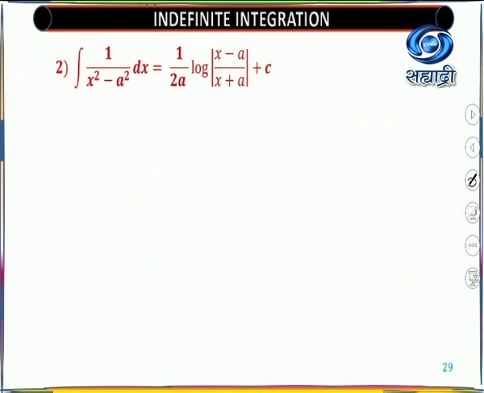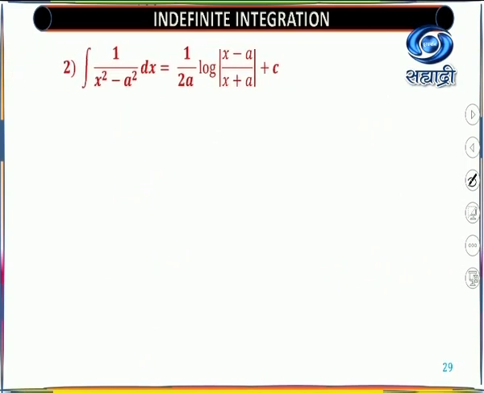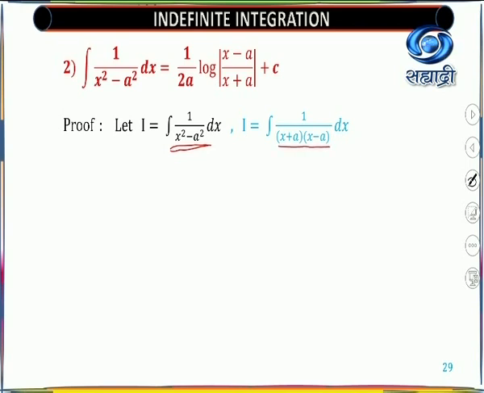Okay, now your second formula. The second formula says integral 1 upon x square minus a square dx equal to 1 upon 2a log mod of x minus a upon x plus a plus constant of integration. Here, I equal to integral 1 upon x square minus a square dx. Now you need to factorize this as a plus b, a minus b, so you get x plus a, x minus a.